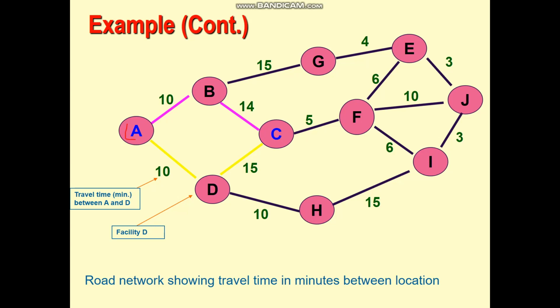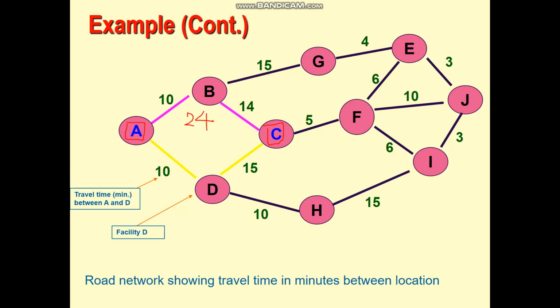For example, from A to C, we have obviously two ways to go to C. From A to B, then B to C, and from A to D and then to C. So we have the pink way and the yellow way. If we follow the pink line, the total time to travel from A to C is 10 plus 14, equal to 24.